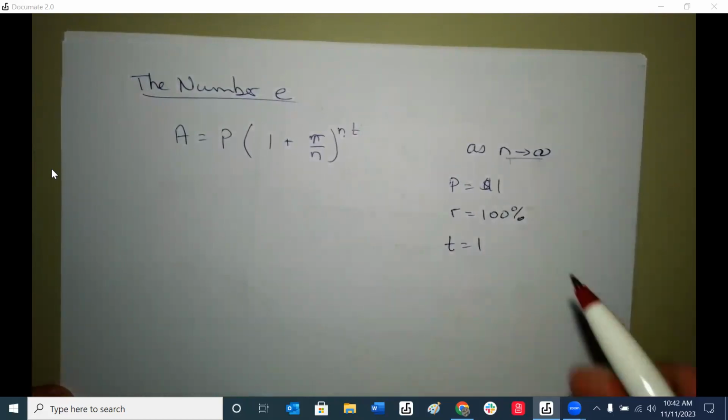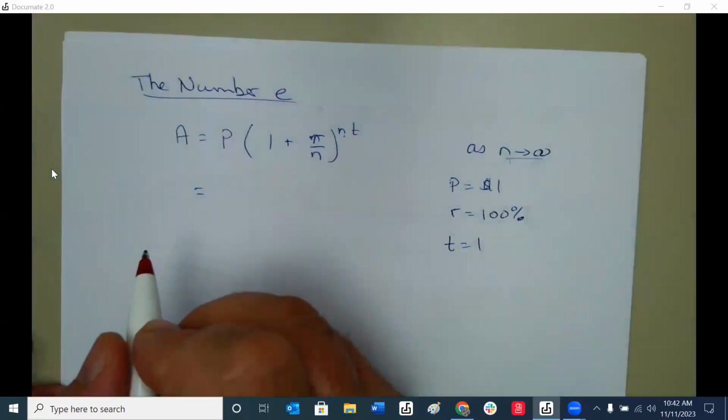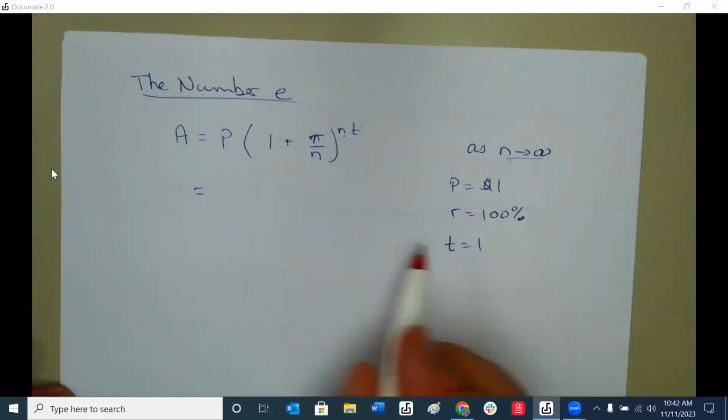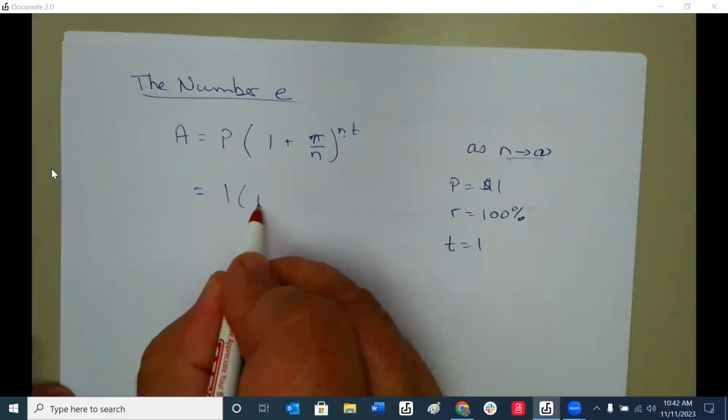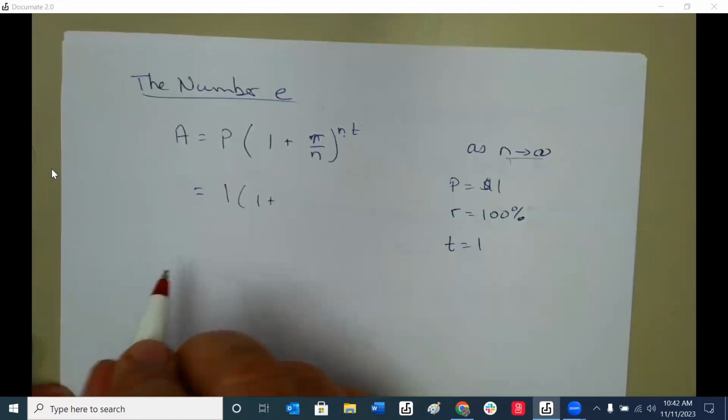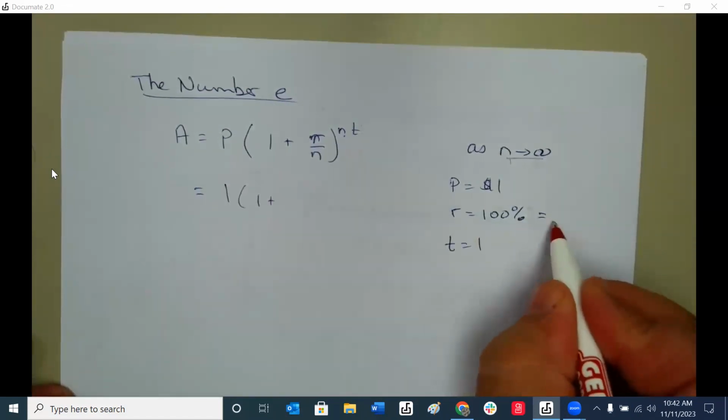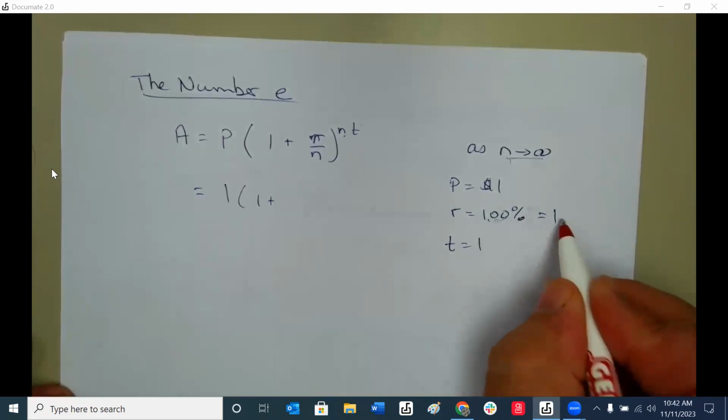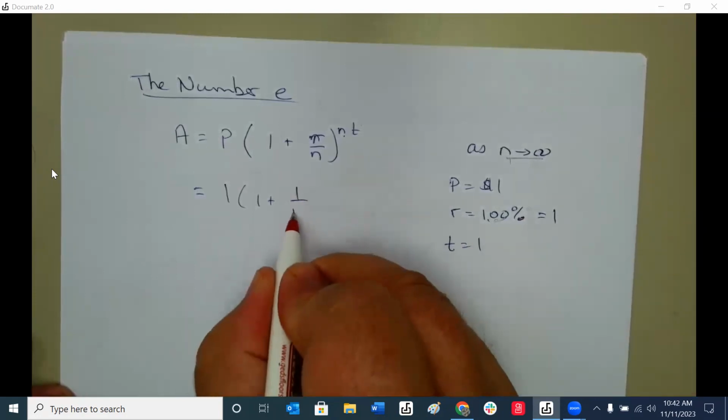So what we have here is 1 times 1 plus 100%, in decimal is 1, 1 over n.